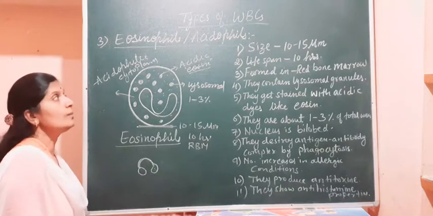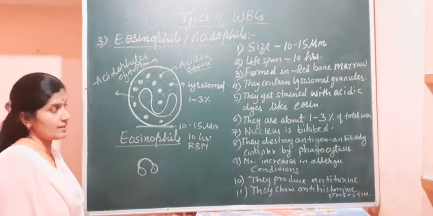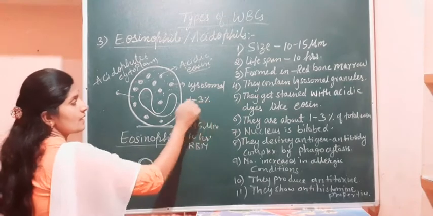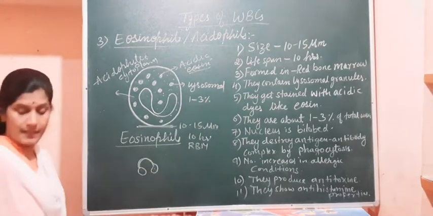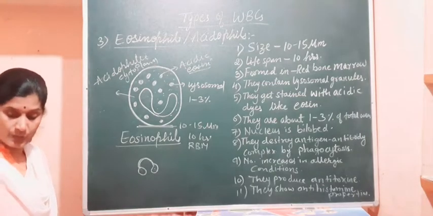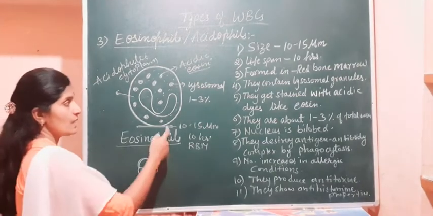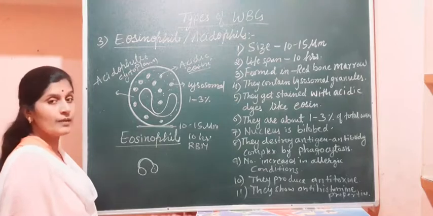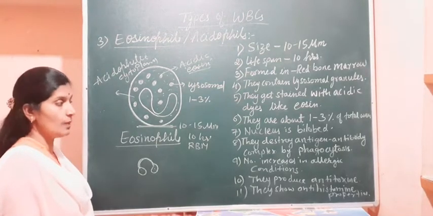If the number of these cells increases more than normal, the person gets eosinophilia. The disease is called eosinophilia, where the number of acidophils increases in the blood.